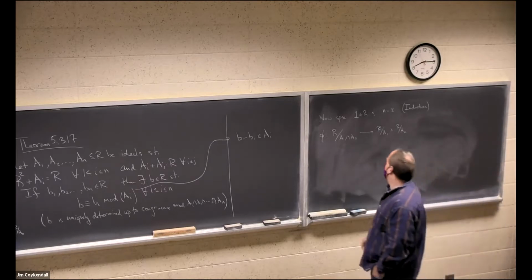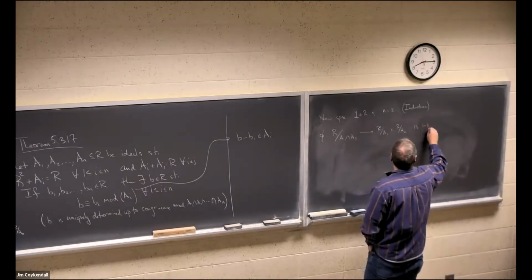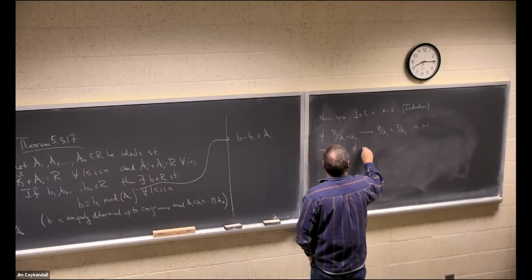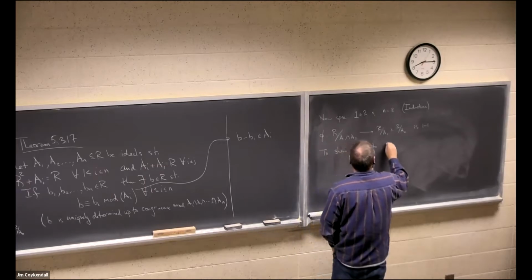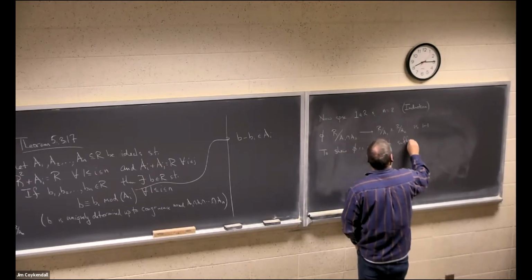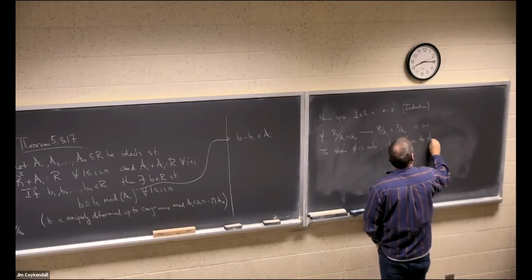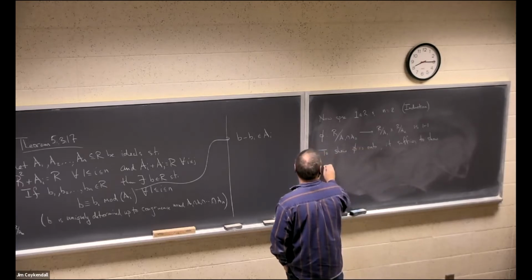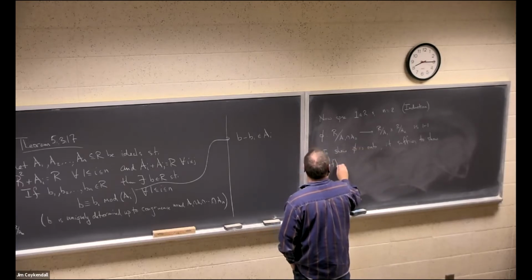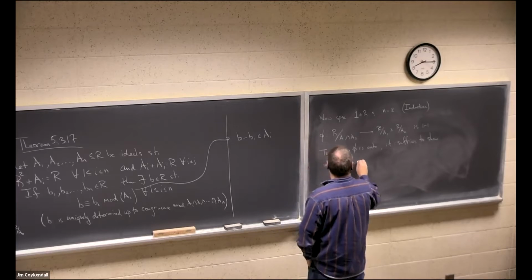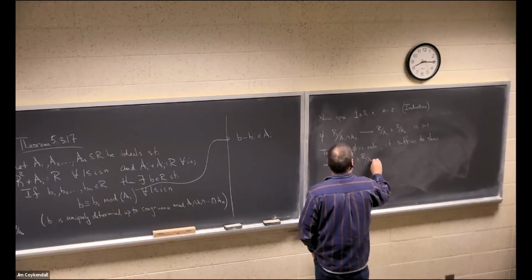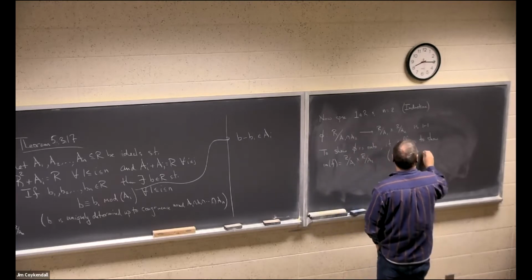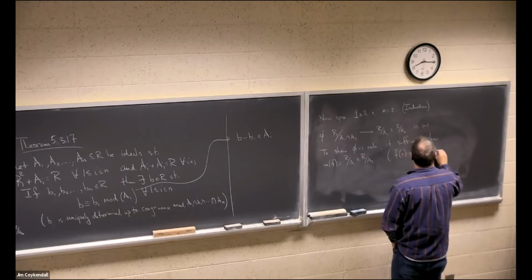So to show F is onto, to show the image of F is R mod A1 times R mod A2, or recall F of R is all of the product.